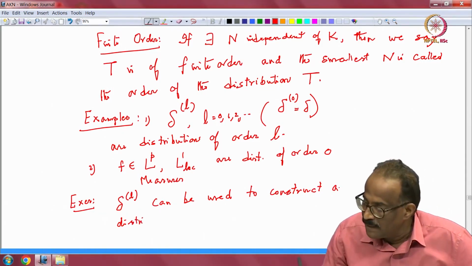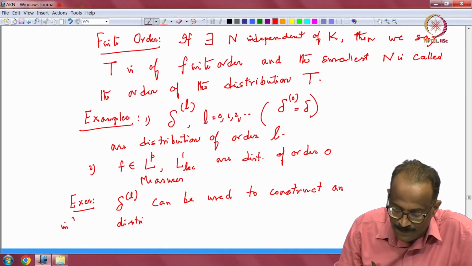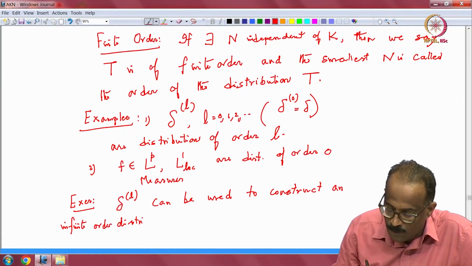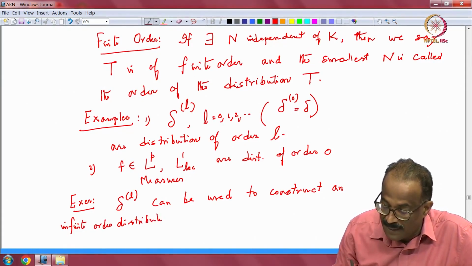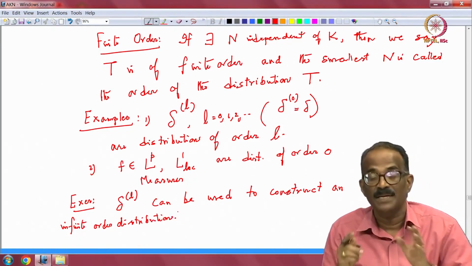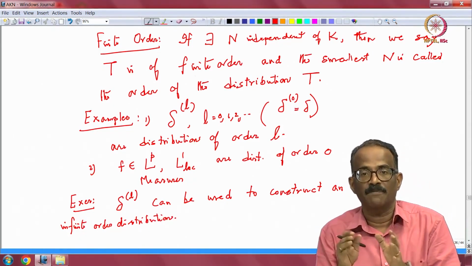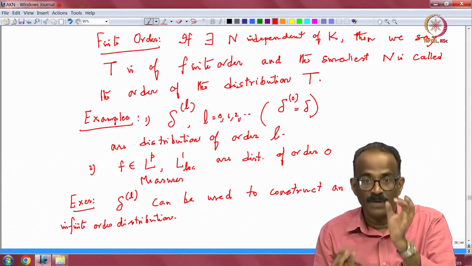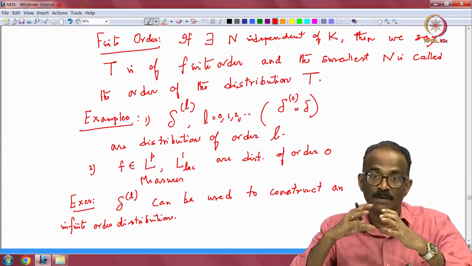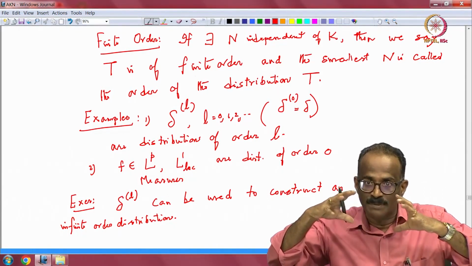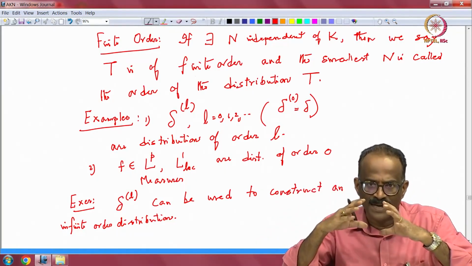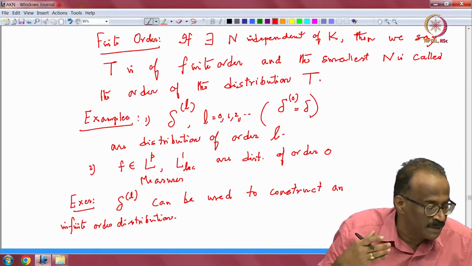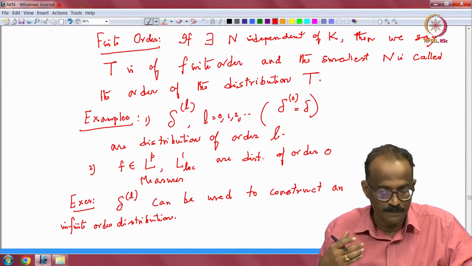Construct an infinite order distribution. That means finitely many derivatives are not enough to estimate T phi. Once more I repeat, because it is a very subtle concept. For every compact set, finite order is enough. As the compact set becomes bigger and bigger, you may need a bigger and bigger number n to estimate. More and more derivatives may be required.